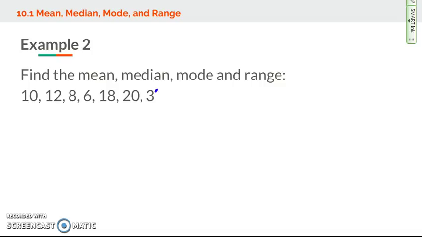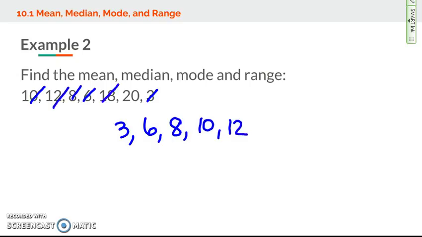All right, next then, let's find the median. So let's put them in order. 3, then comes 6, and then 8, 10, and then 12, 18, and our last number is 20. So you can count them up to make sure that we got all 7. 1, 2, 3, 4, 5, 6, and 7. All right, we included them all in. Now let's start counting, crossing them off, and getting to that middle point.